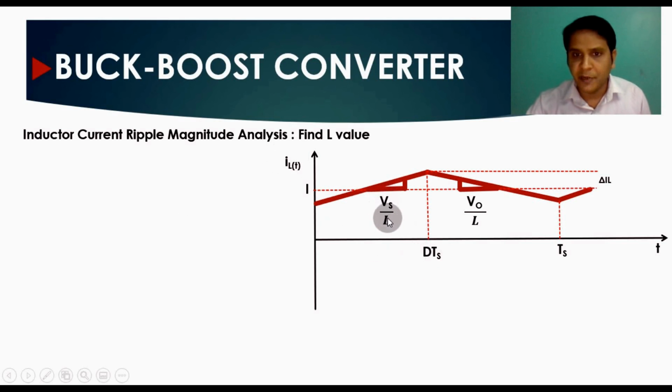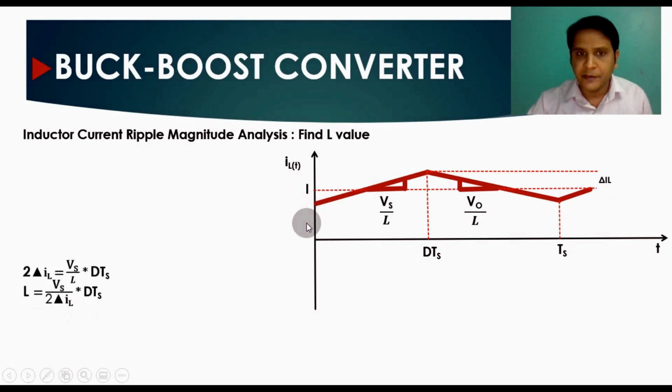So Vs divided by L. For D prime time, the inductor current is given by V naught divided by L. Okay, so here you can see this is the DC inductor current, and then we have some ripple inductor current, which is given by delta IL. Okay, this is the inductor ripple current, and this is the DC inductor current.